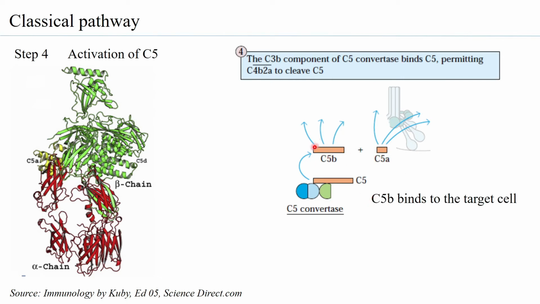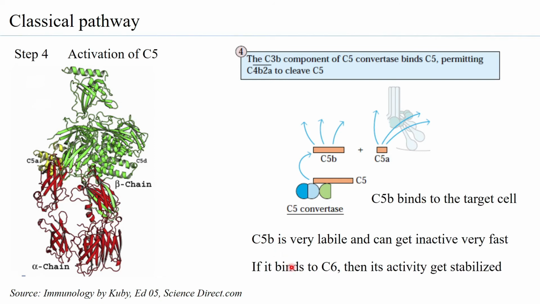What happens to C5b? So the C5b, like all other components, can also bind to the target cell itself. But what is important to notice is that C5b is very labile and can get inactivated within a few seconds to minutes. So in order to keep the C5b active, it has to be stabilized. And that stabilization is done by the next component, which is C6.